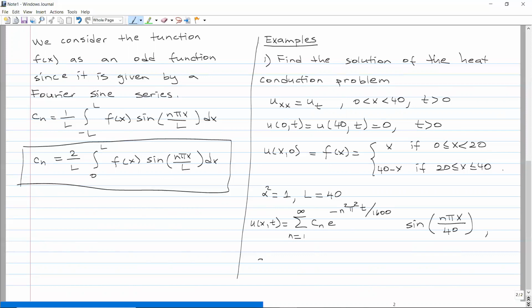And the constants, C_n's, are given as 2 over L, which is 40, times the integral from 0 to 40 of the function f of x times sine n pi x over 40 dx.